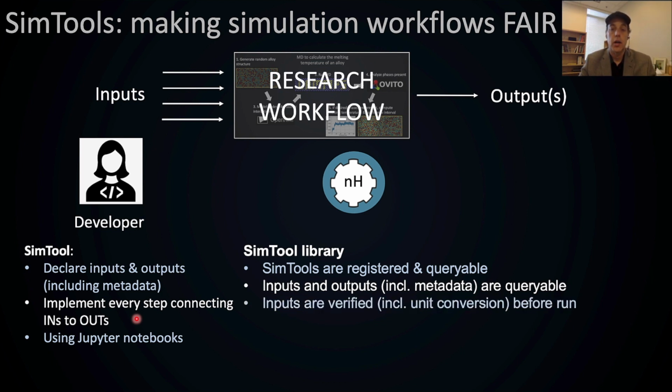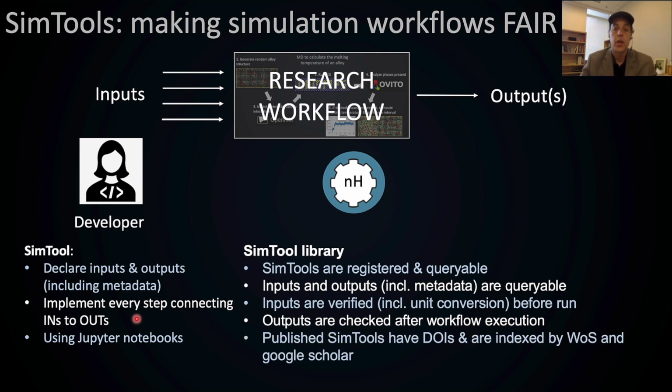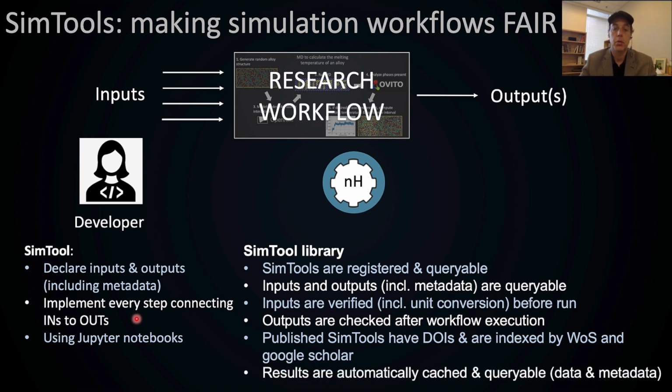Inputs are verified before the simulation is launched, and this includes unit conversion. And outputs are checked after the workflow execution. So we make sure that every output that's declared actually has a value in it. And every published SimTool has a DOI and is indexed by Web of Science and Google Scholar. So they can be found in multiple ways.